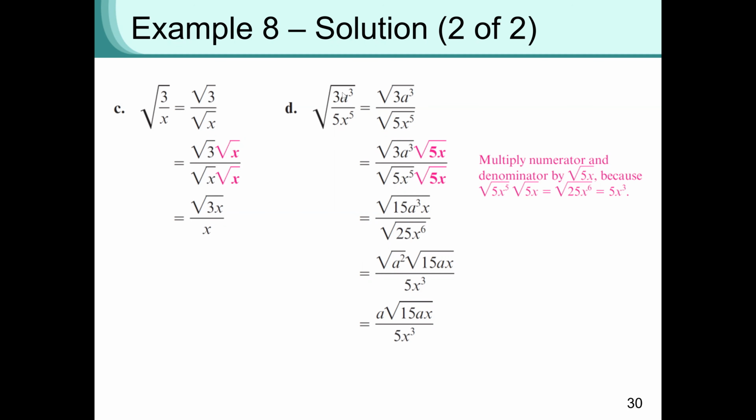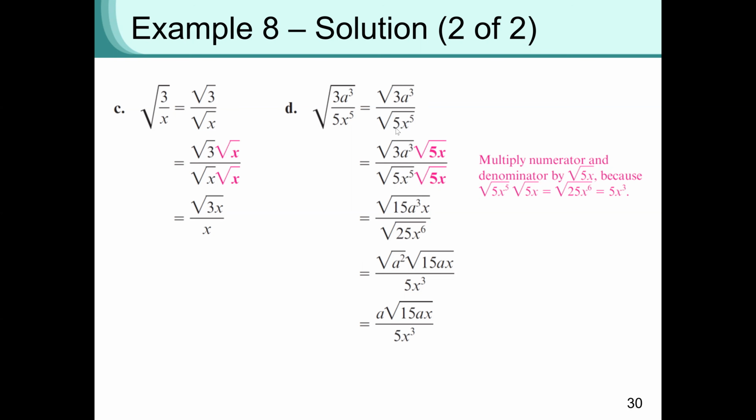Here also the same thing we are going to do. Separate the numerator from the denominator. So we get square root of 3a cubed over square root of 5x to the power 5. And again, this is a square root. So multiply by itself, square root of 5x to the power 5.